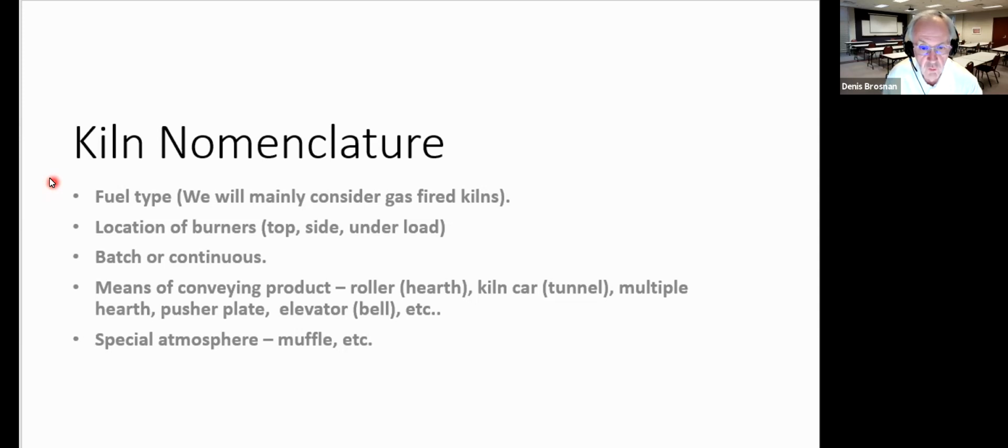So fuel type is one type of classification of kilns. We also take a look at the burners. Burners can be on the top of the kiln, firing down into the load. That really helps us combat the natural buoyancy of hot gases in a kiln. We want to distribute the heat as best as we can.